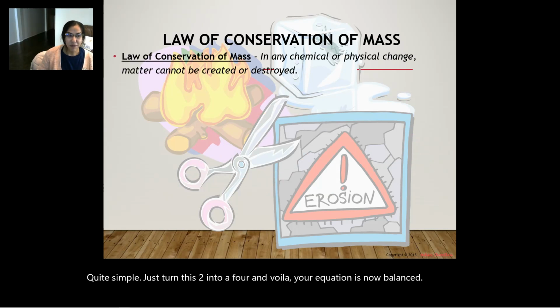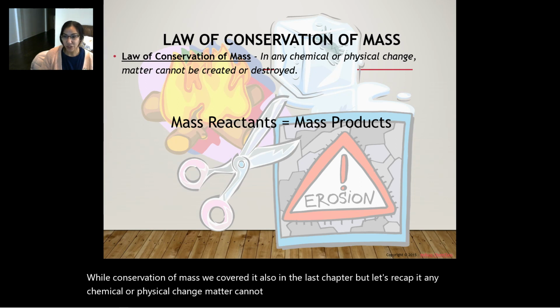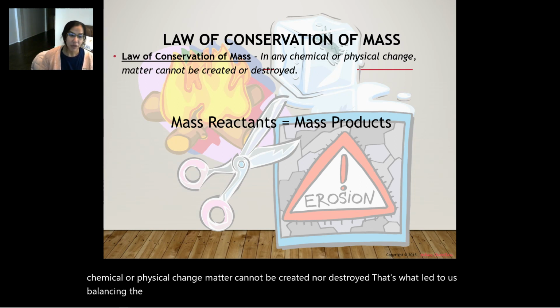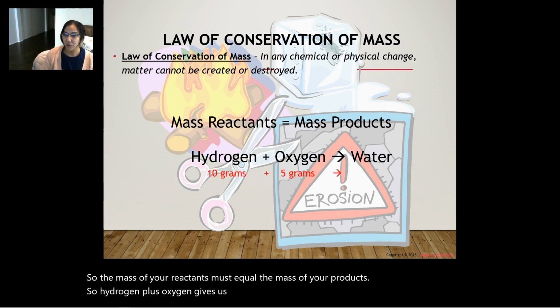Law of conservation of mass, we covered it also in the last chapter, but let's recap. It's any chemical or physical change, matter cannot be created nor destroyed. That's what led to us balancing the previous equation. So the mass of your reactants must equal the mass of your products. So hydrogen plus oxygen gives us water is the example we've been using.